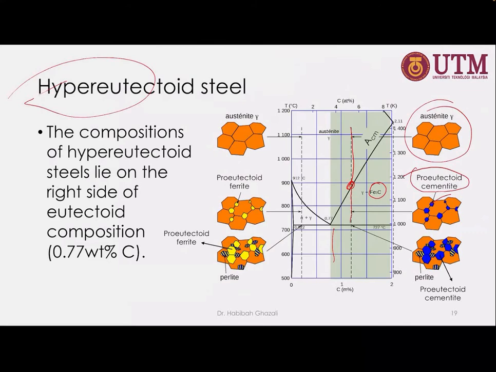It will grow along the grain boundary until it reaches the isothermal reaction, which is the eutectoid temperature. When you reach this point, at a constant temperature, whatever austenite remains in the structure will transform into pearlite. So we have two different phases here: one is pro-eutectoid cementite, and one is pearlite.